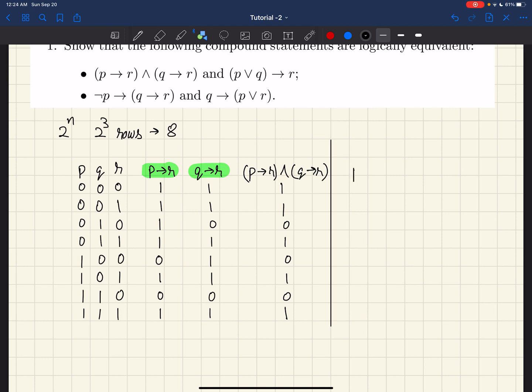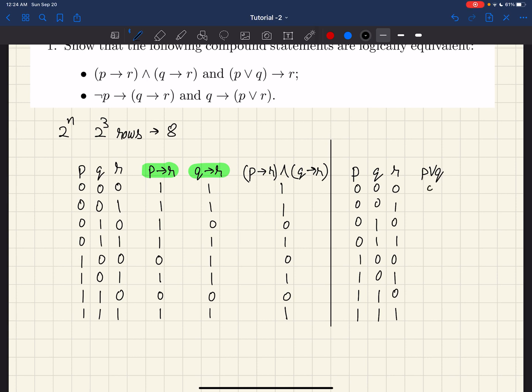And for the second part we'll again do P, Q, and R. Now we have P or Q. So in OR, it will be true when either one of these is true.